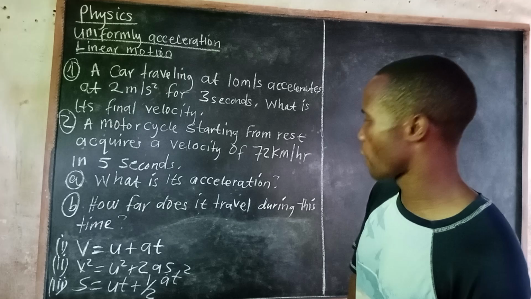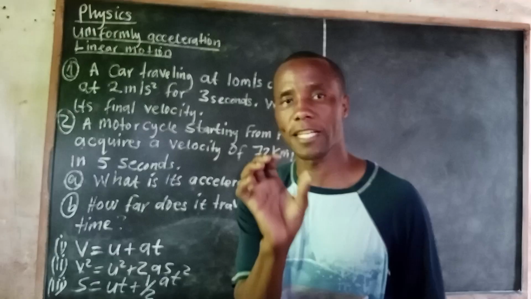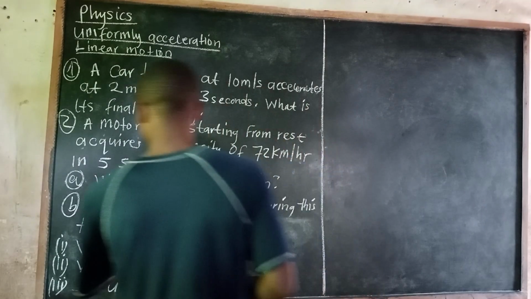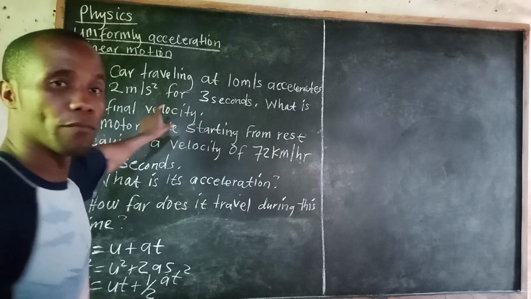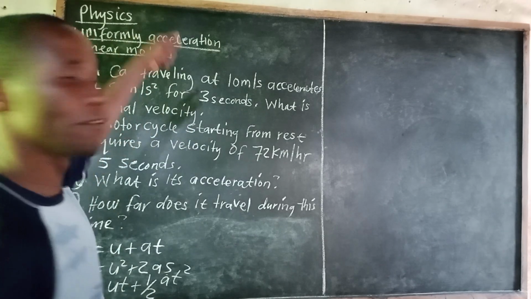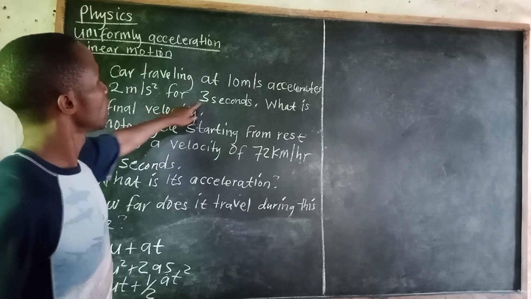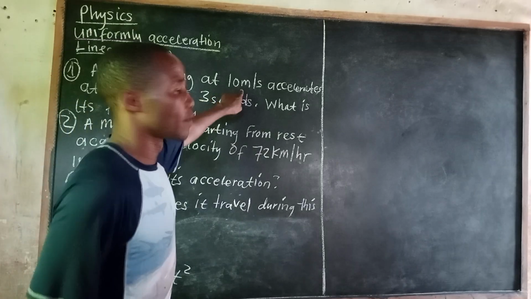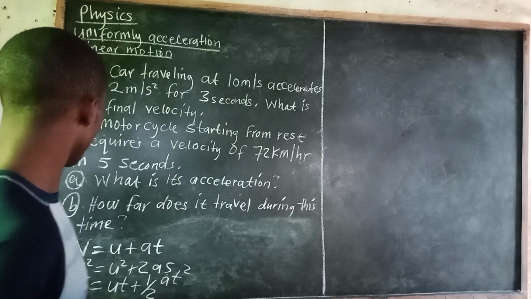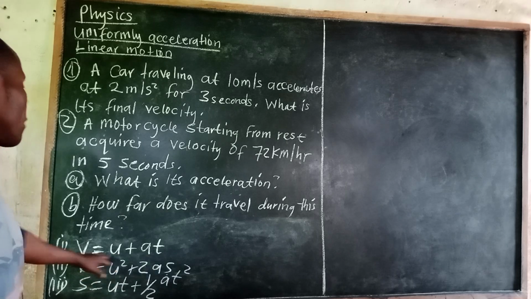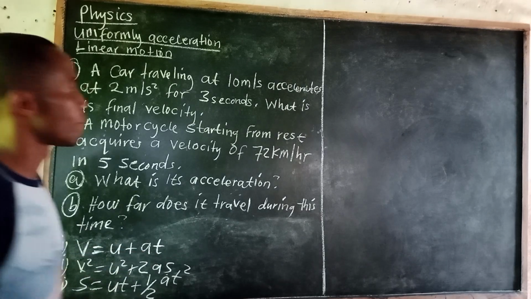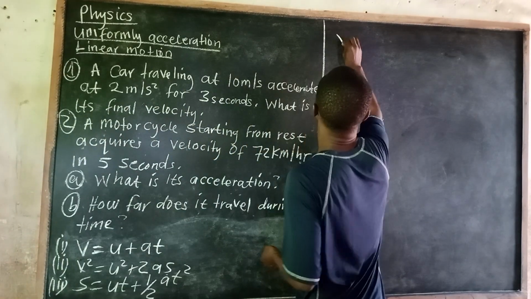For you to select the formula, first of all, you should see what is made available, what is given there. If we look at this statement, acceleration is given, time is given, initial velocity is given. So it's very easy that we can find the final velocity using the first formula.